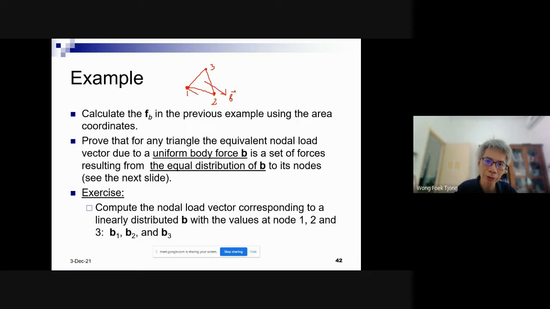It means here B times the volume, because this is the force per unit volume of the element, divided by 3, and here B times volume, and then divided by 3 here, the vector times the volume of the element divided by 3. Okay, if the body force is constant. How to prove this? Okay, let me now prove this.